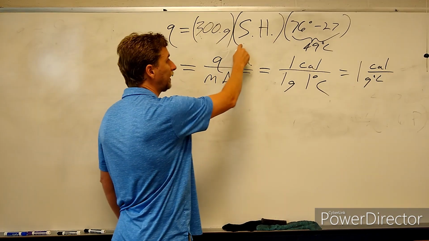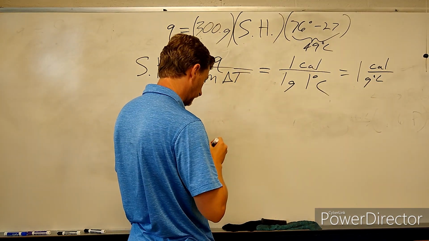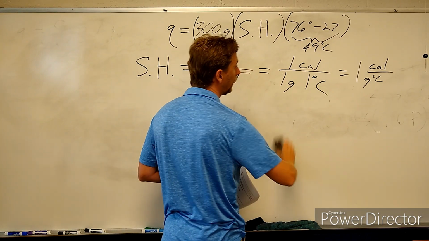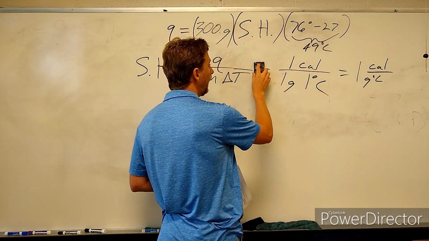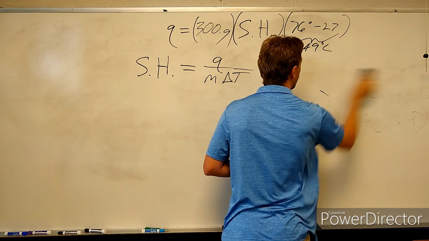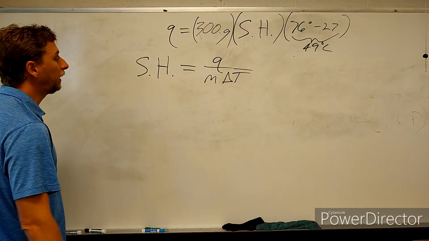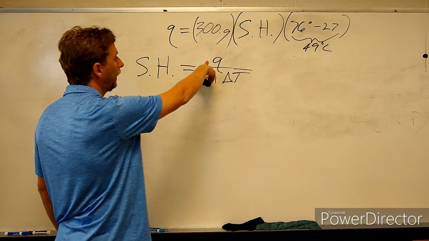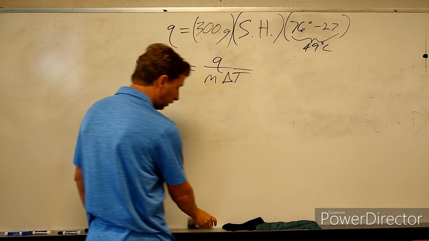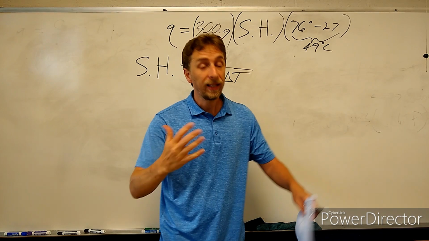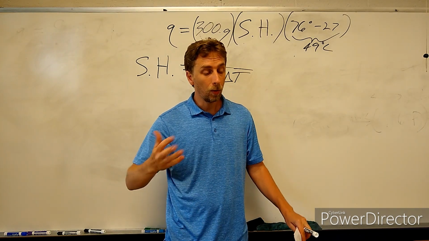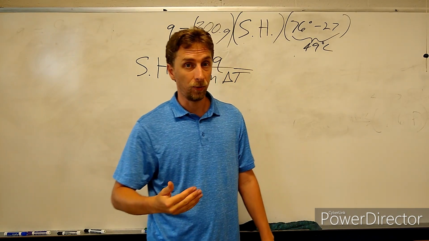But we need the specific heat of glass. That's the purpose of the problem, to find the specific heat of the glass. So in order to do that, we need Q. And Q comes from calorimetry, or we can figure it out from calorimetry.